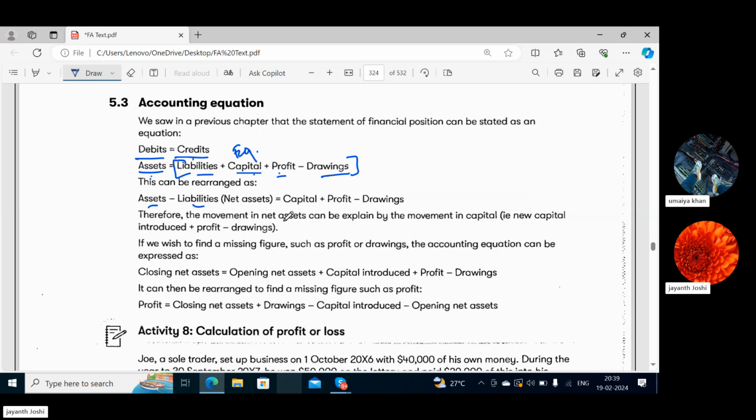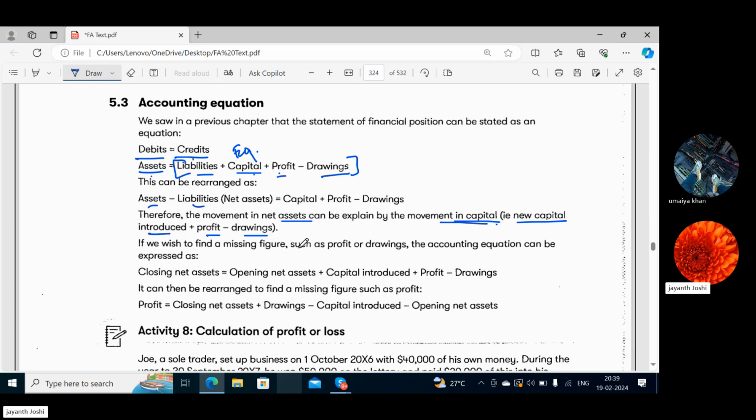Therefore the movement in net assets can be explained by movement in capital. Movement in capital means how capital is changing. So capital will be changing in this way: new capital introduced plus profit minus drawings. That is what we get at the end of the reporting period.